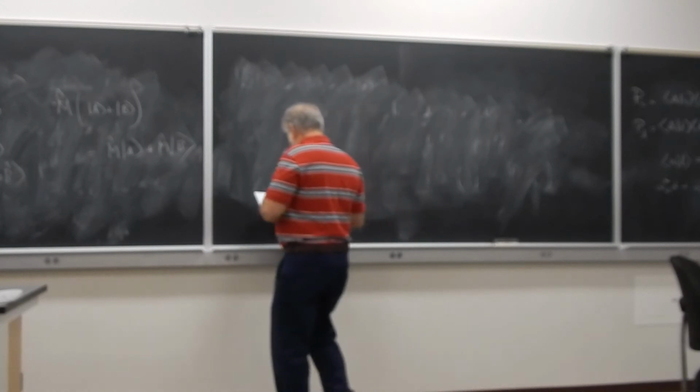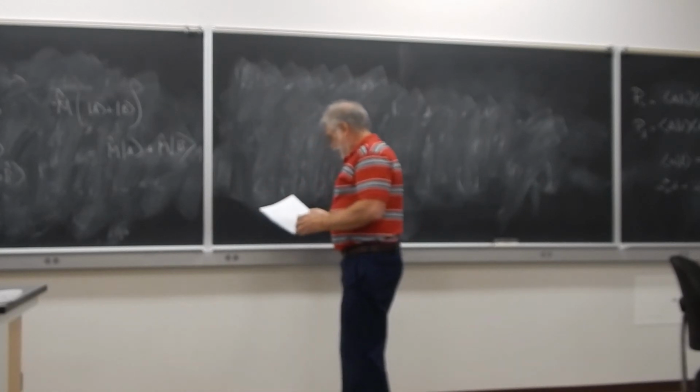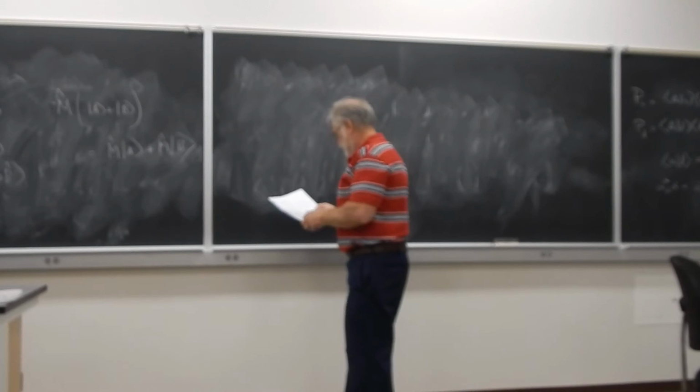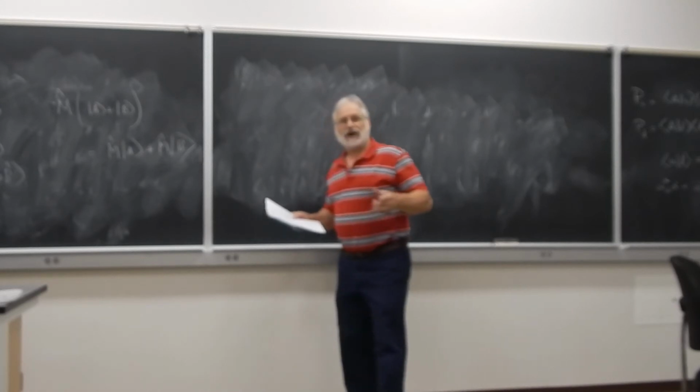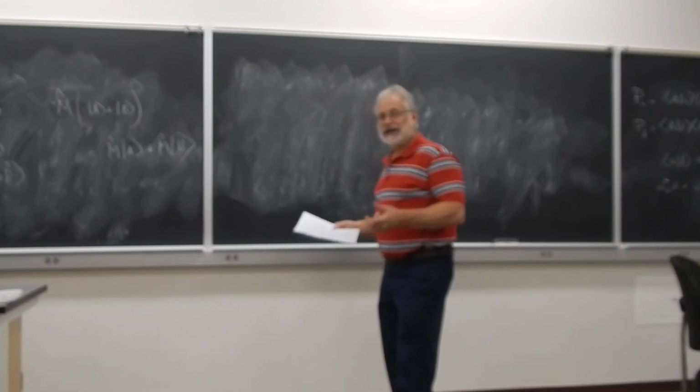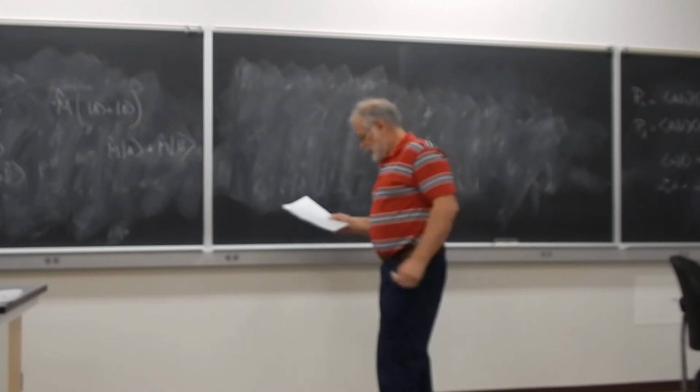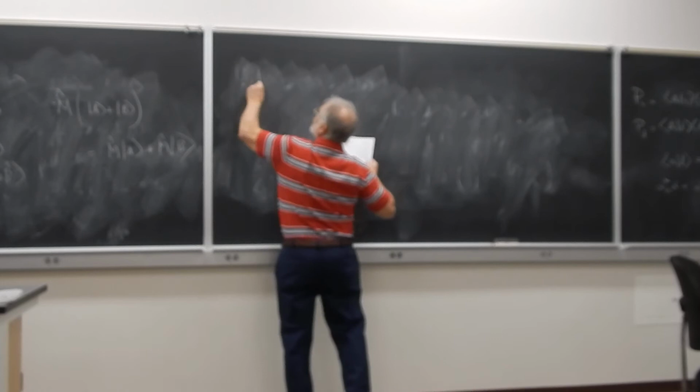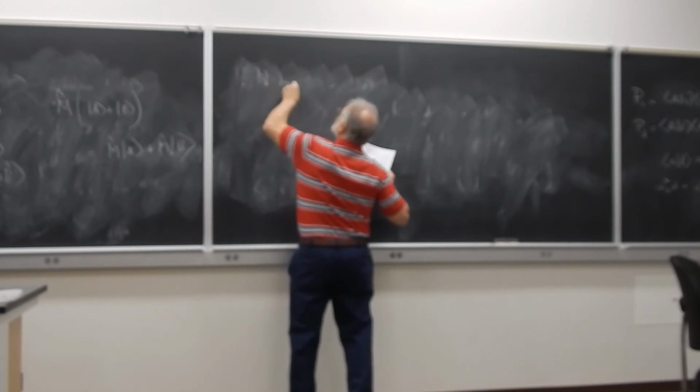So, let's go back to matrix representations. We're going to talk about the row and column orientations and how they depend upon the choice of basis vectors. So suppose I have an n-dimensional vector space.